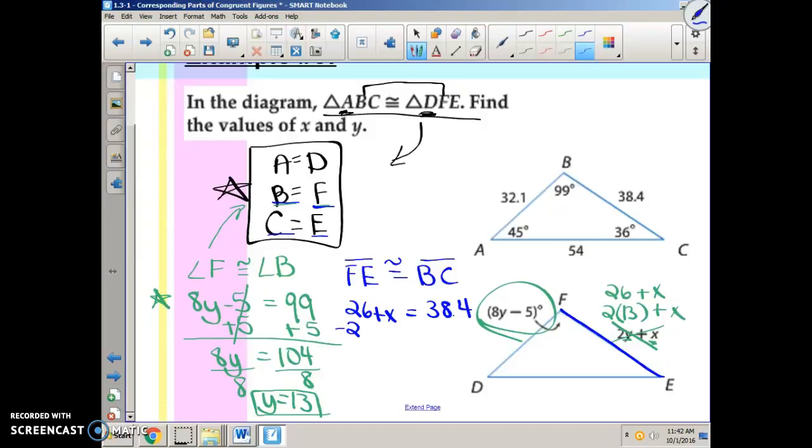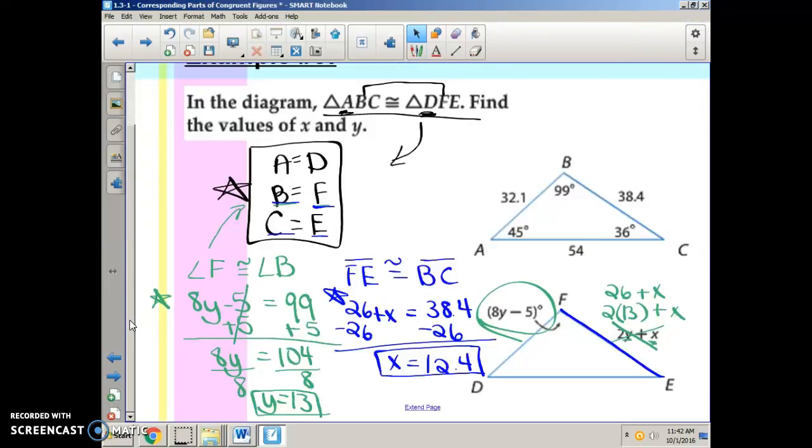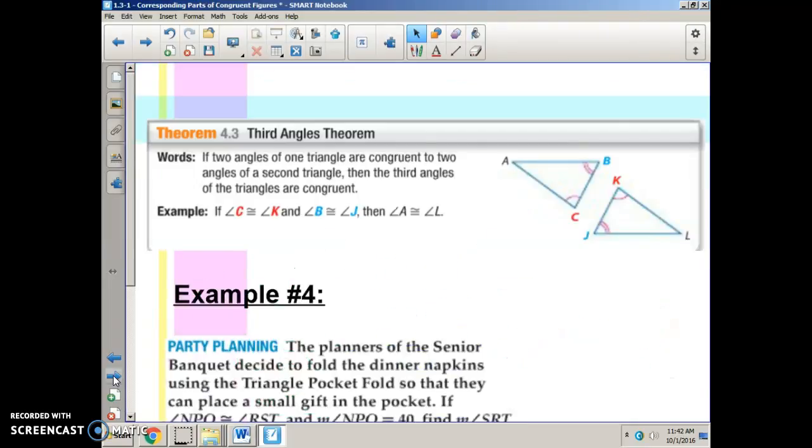Do a little easy algebra, and to get x by itself, I subtract 26, and it's really 12.4. Okay. Again, this is kind of your big geometry part. The rest of it's just the algebra. Feel free to pause and copy that down while I move on to the last example.